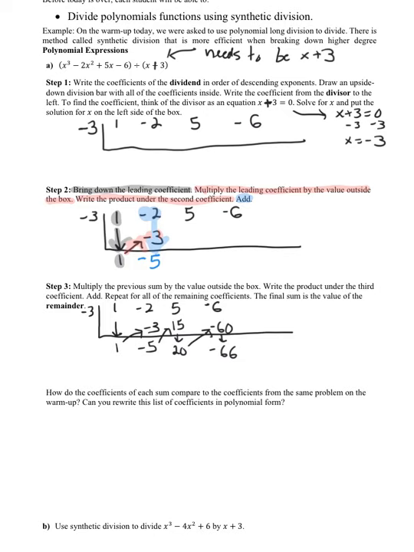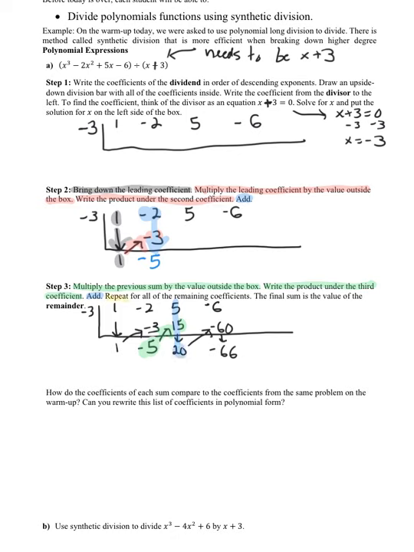So again, just multiply the previous sum by the value outside the box, put it back in the box, and then add again.